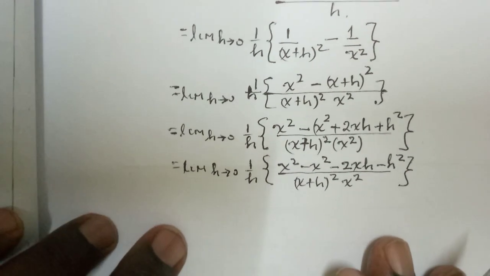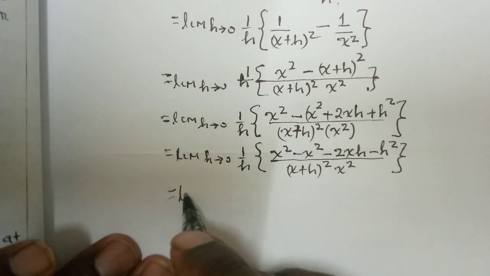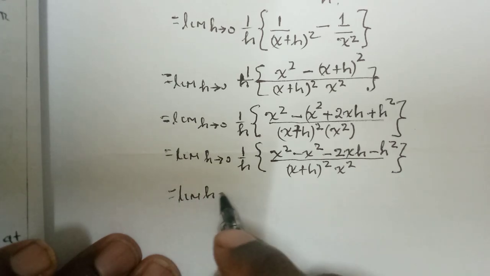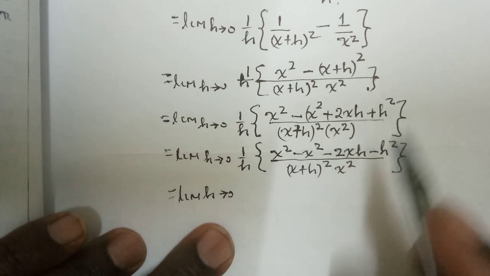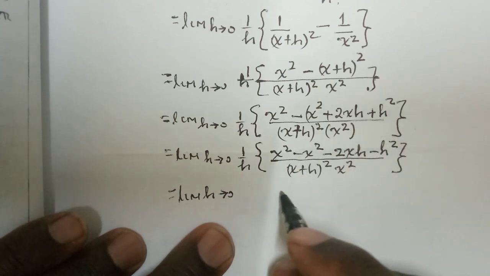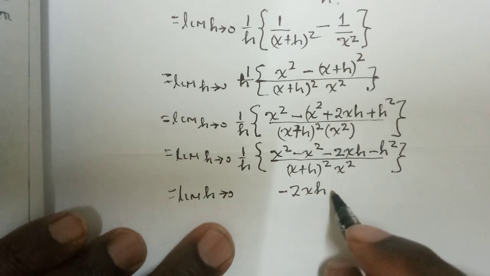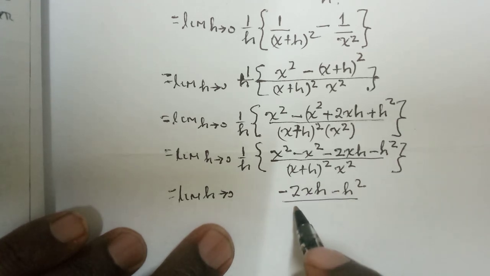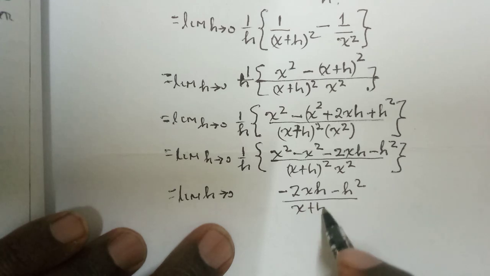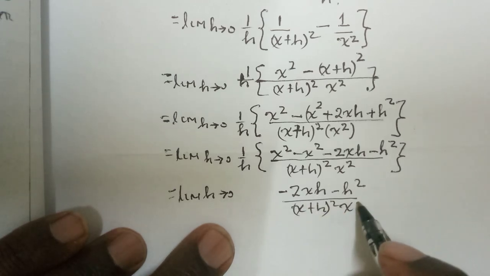This x squared will cancel, so we'll be left with minus 2xh minus h squared all over (x plus h) squared x squared.